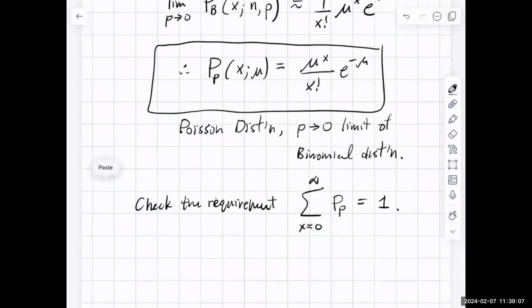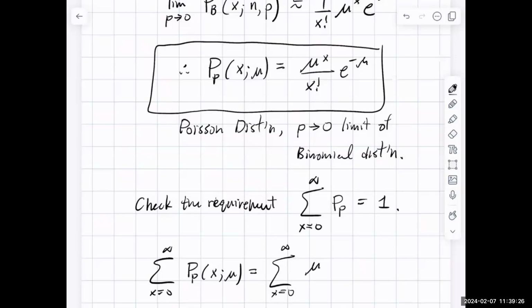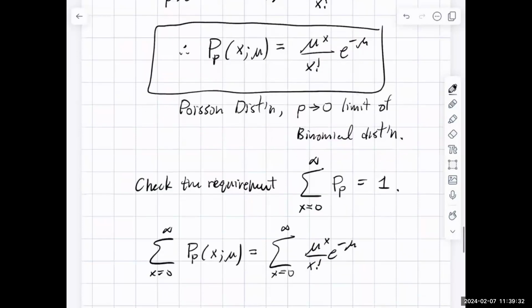Okay, so the sum of x equals 0 to infinity of P(x; mu) is equal to the sum of x equals 0 to infinity of our Poisson distribution, mu^x over x factorial e^(-mu).